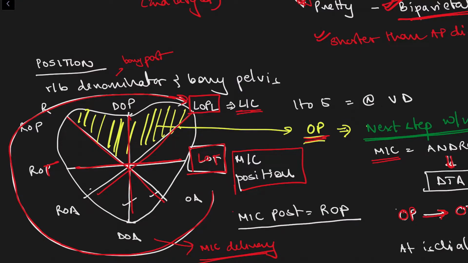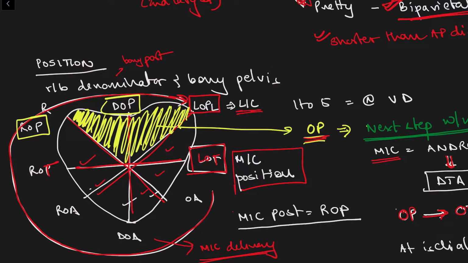Right. So positions 1, 2, 3, 4, 5 are all normal positions, while positions number 6, 7, and 8 are abnormal positions, right? And they are the posterior positions.